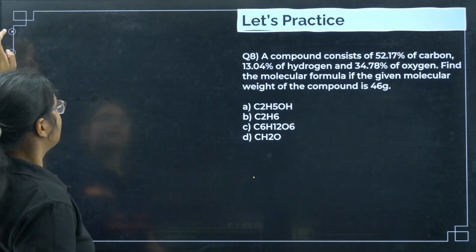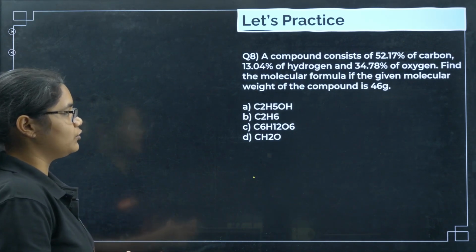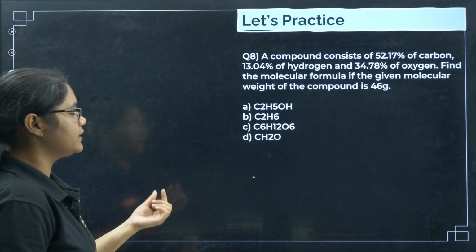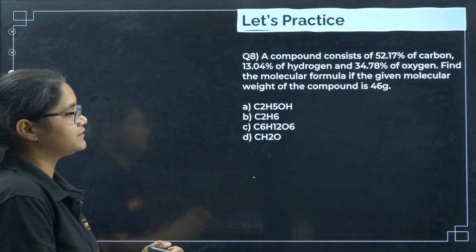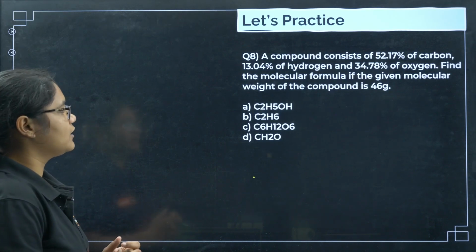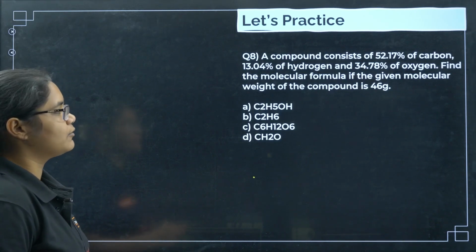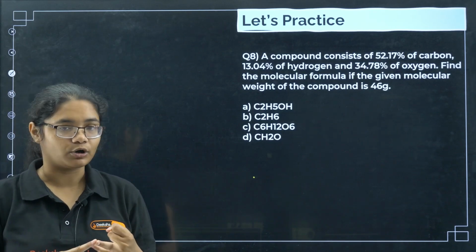Okay. Next, here we have a question. A compound consists of 52.17% of carbon, 13.04% of hydrogen and 34.78% of oxygen. Find the molecular formula if the empirical molecular weight of the compound is 46 gram. So here you have to find the empirical formula as well as the molecular formula.